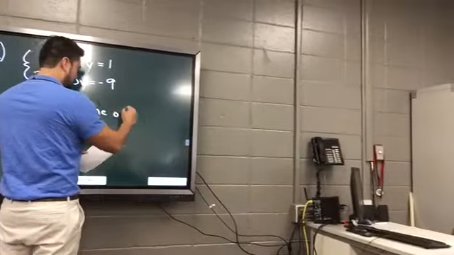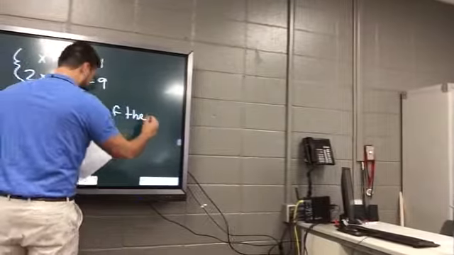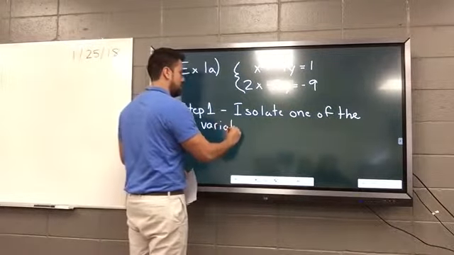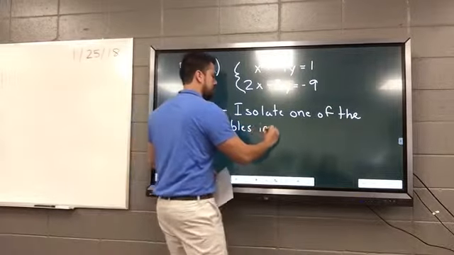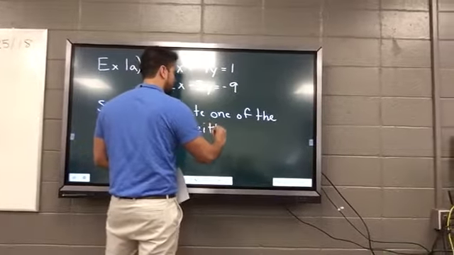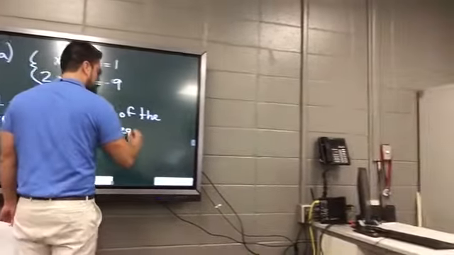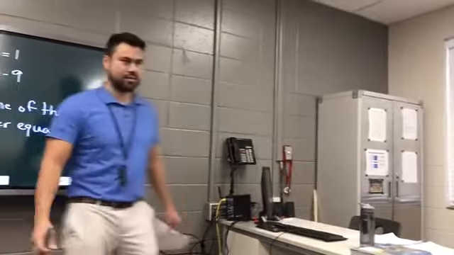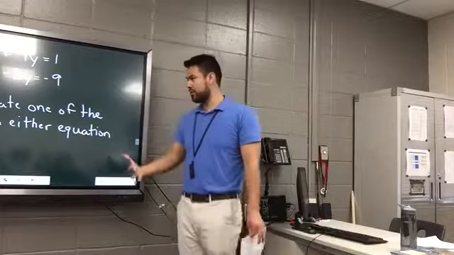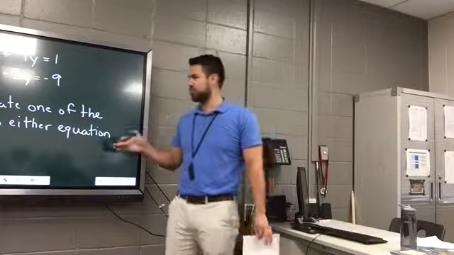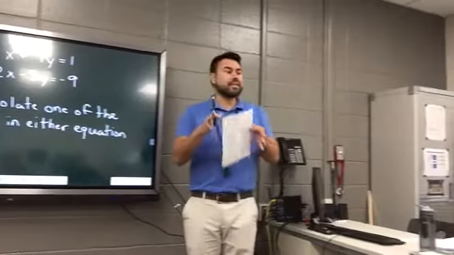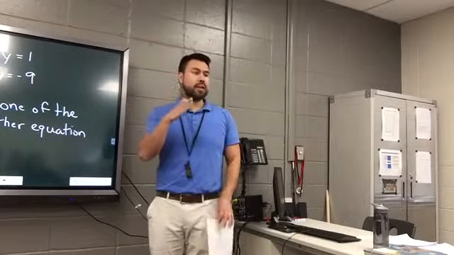Isolate one of the variables in either equation. I had to pick my words carefully here to try not to confuse you, but I need to explain it to make sure you don't get confused. All right, isolate means get it by itself. You've got to get one of the variables by itself.